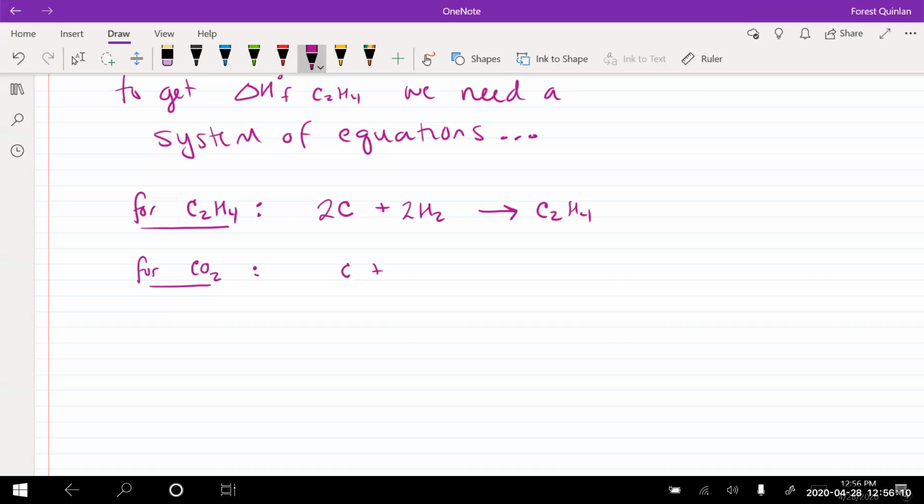So as we wrote before, we have a carbon and an oxygen goes to make CO2. And we also have the water. That's hydrogen plus a half of an oxygen goes to make H2O.